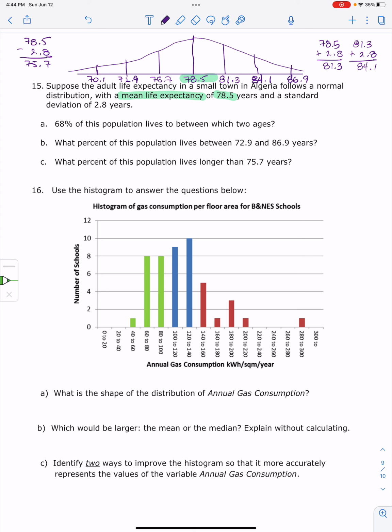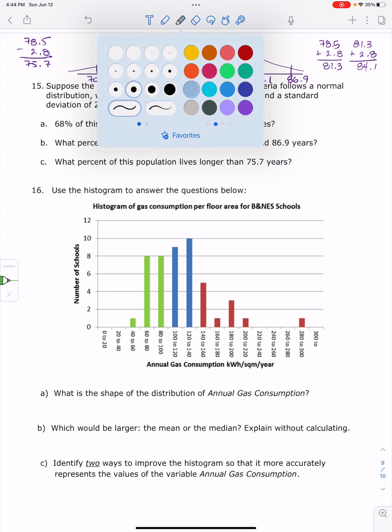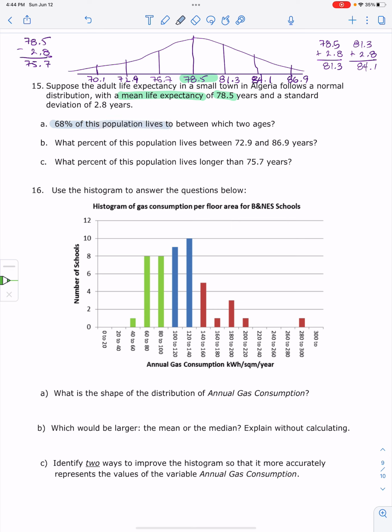68% of the population. One standard deviation below to one standard deviation above.